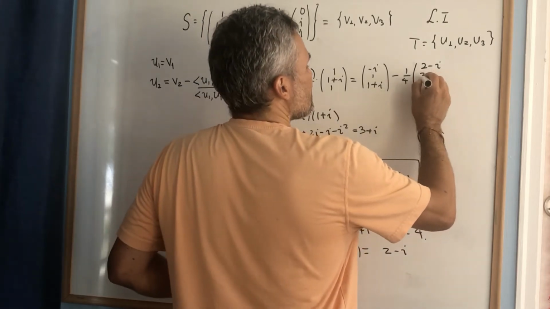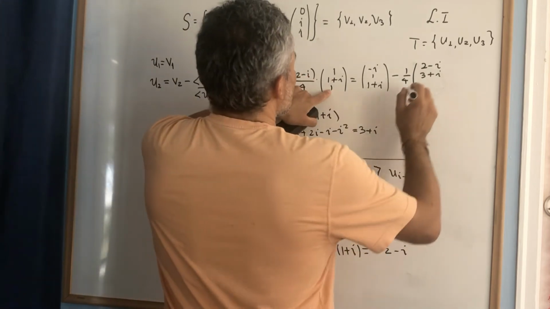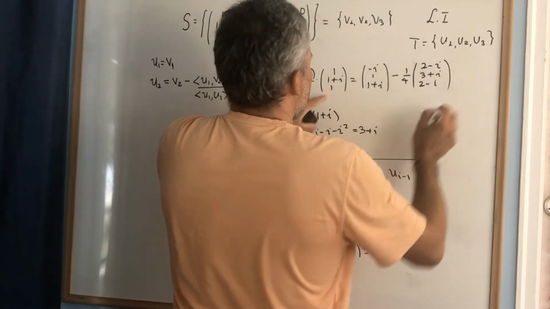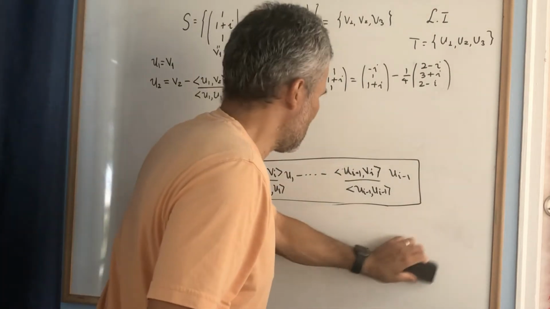This is 3 plus i. And 2 minus i times 1 is 2 minus i.